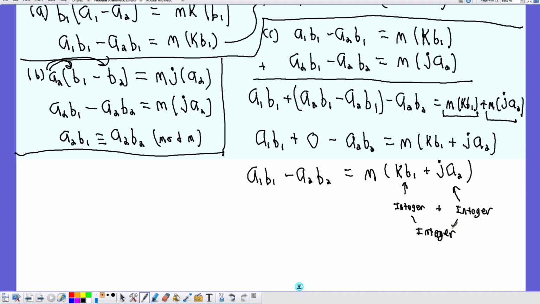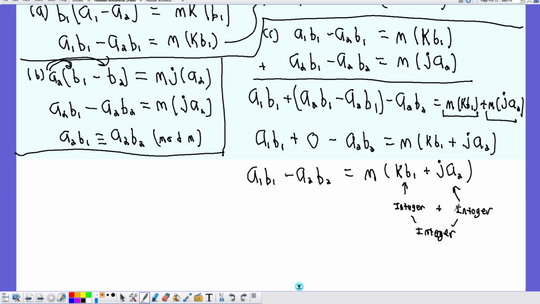This is sort of common sense, but it can be a little confusing when we're just working with unknowns and variables and letters. But just think about it. If I multiply two whole numbers together, K and B1, I get another whole number back. Same with J times A2. Two whole numbers multiplied together gets you another whole number.